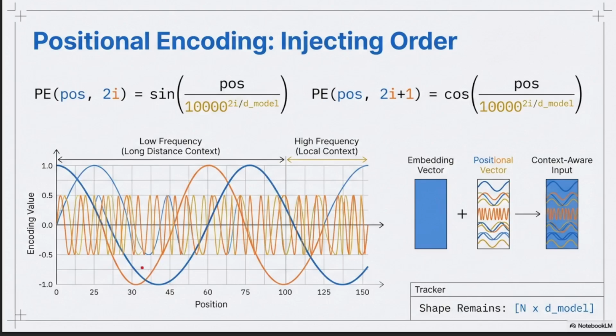For "go" at position 1, we generate a vector using the cosine waves. We simply add these numerical values to our embedding matrix. So X final is X embedding plus X position. Crucially, this addition does not change the matrix shape. It remains 2 multiplied by 512.